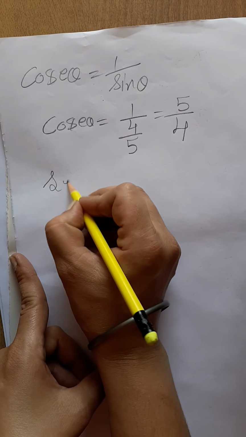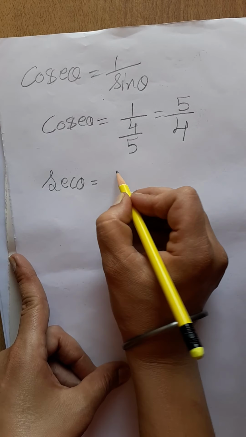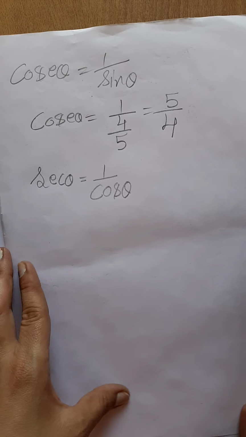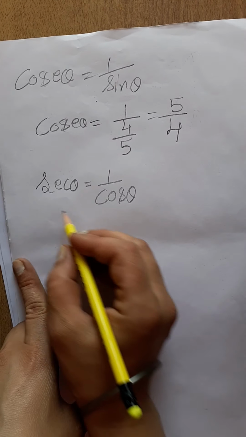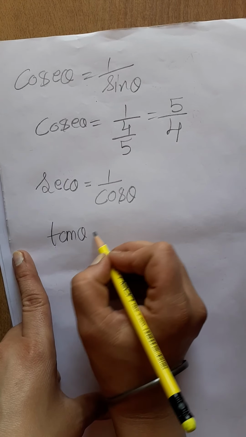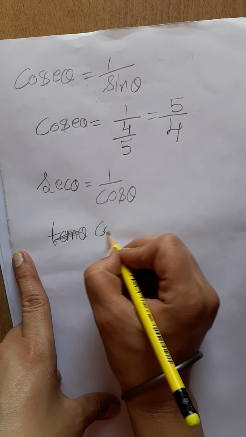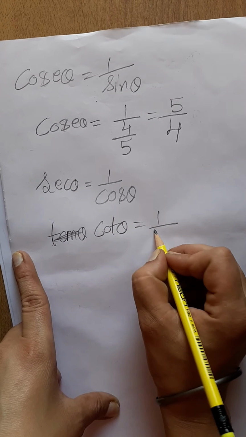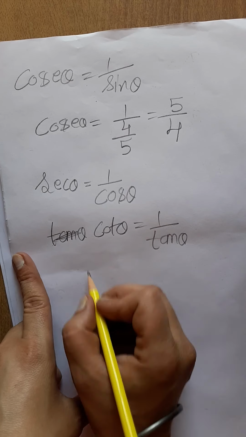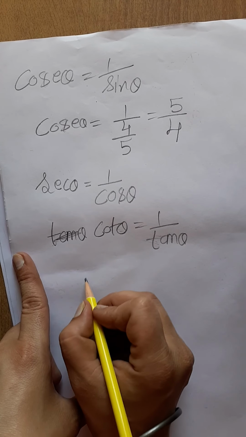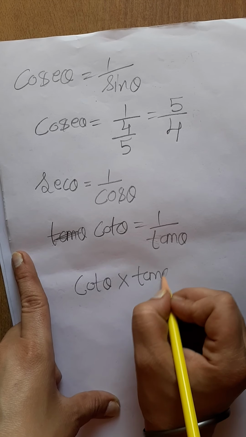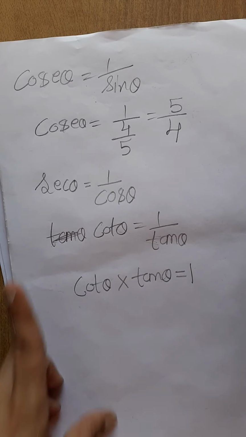Similarly, you can check by yourself that secant theta is the reciprocal of cos theta, and cot theta is equal to 1 upon tan theta, because when we multiply these two t ratios, cot theta into tan theta, we get 1.